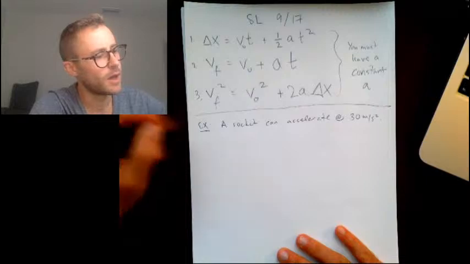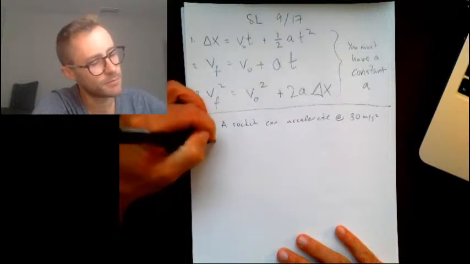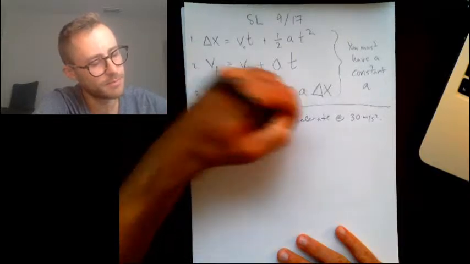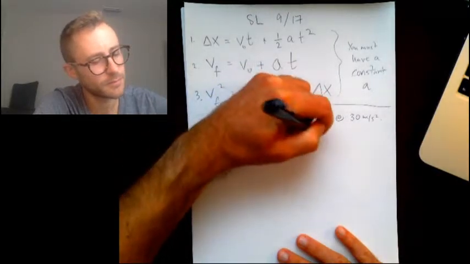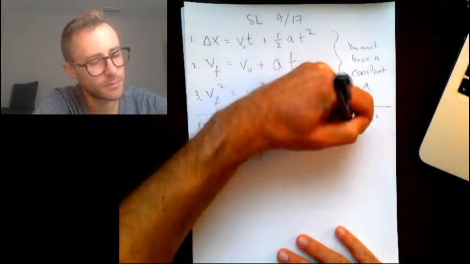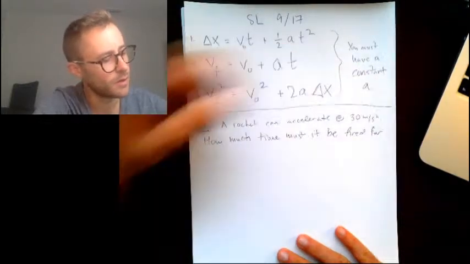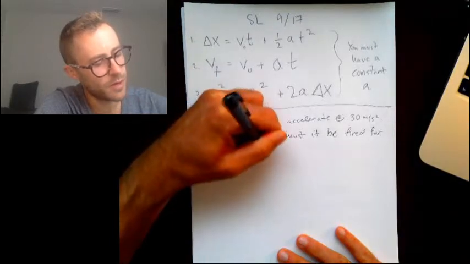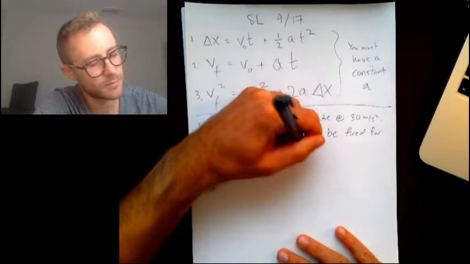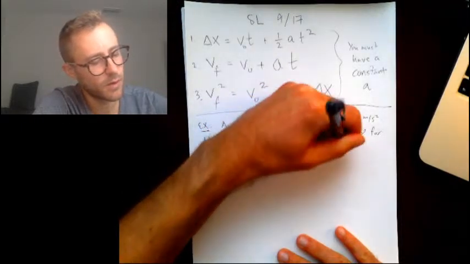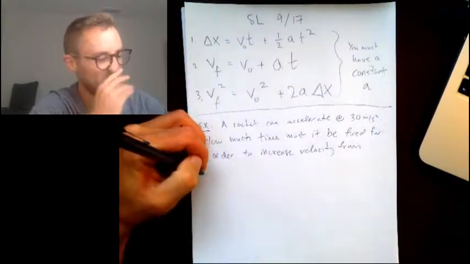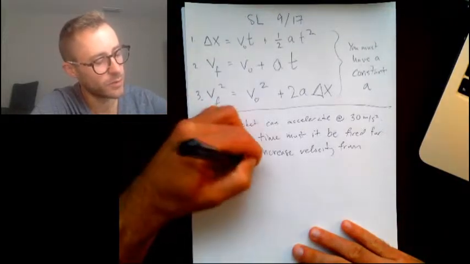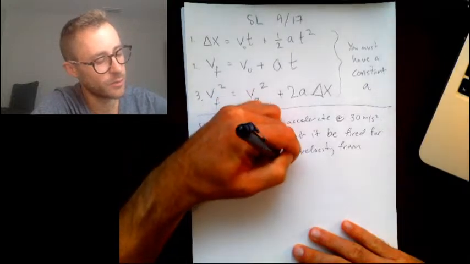How much time must it be fired for in order to increase the velocity from 1,000 meters per second to 2,200 meters per second?